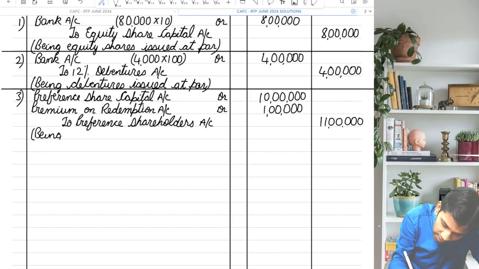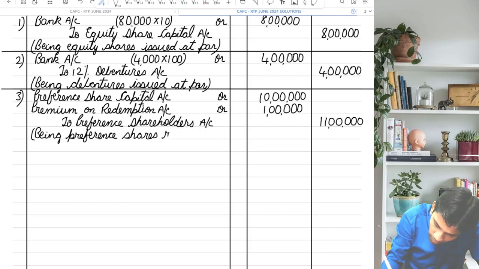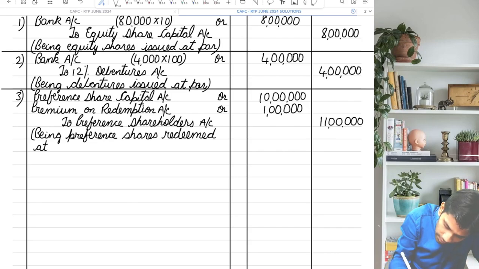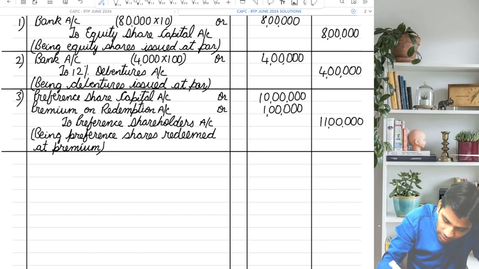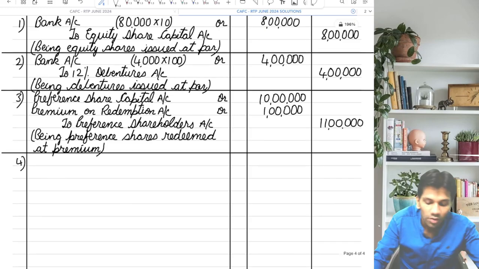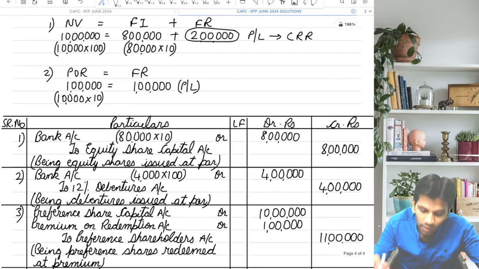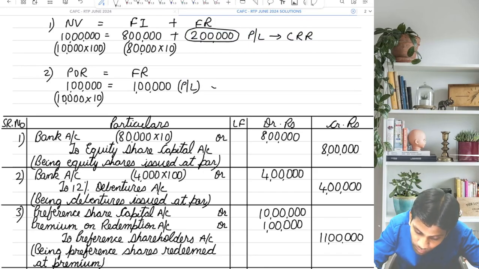Being preference shares redeemed at premium. Narration is very important to write because it carries equal marks. Next step is to write off the premium on redemption. So check equation number 2. Which reserve have we utilized to write off the premium on redemption?